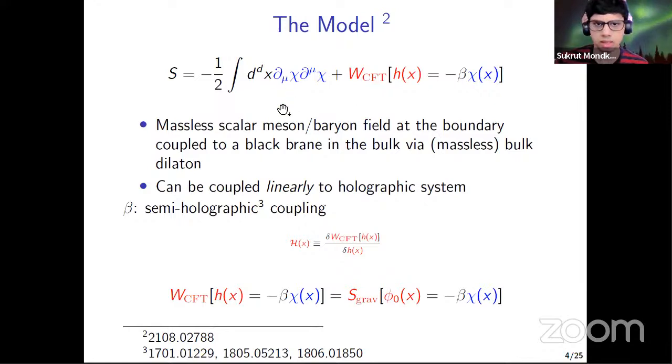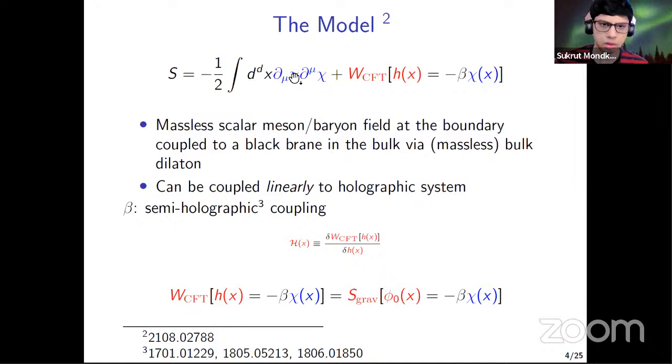The two sectors talk with each other via a special kind of coupling called semi-holographic coupling, where the source of each sector is promoted to be a functional of an operator of the other sector. The source that deforms the strongly coupled sector, the CFT, is an operator of the weakly coupled sector, the massless scalar chi, and this beta is called the semi-holographic coupling.